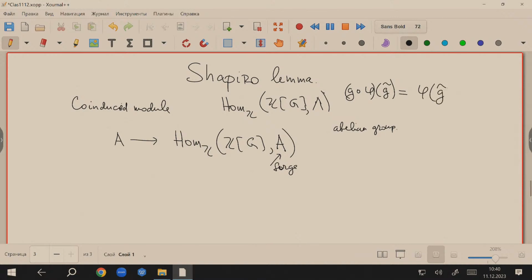So g tilde g. In order to get this well-defined action, we do not take into account any possible action on Lambda. Then you can embed A into this module just by forgetting the G action on A.